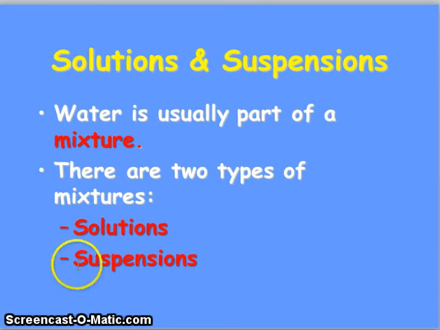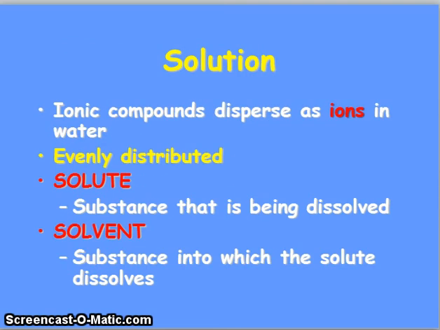Solutions and suspensions. Water usually is part of a mixture. There are two types of mixtures: a solution and a suspension. A solution is ionic compounds dispersed as ions in water. They're evenly distributed. A solute is the substance being dissolved, and a solvent is the substance into which the solute dissolves.